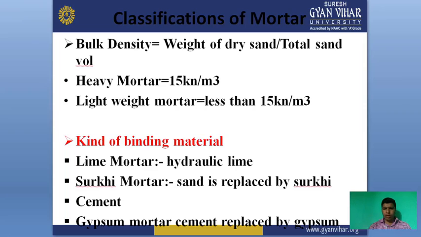It means in the dry state, the mixture is turned up and down with the help of a shovel. Then the water is added to the mixture, and after mixing it up and down, a homogeneous paste of cement mortar is formed.